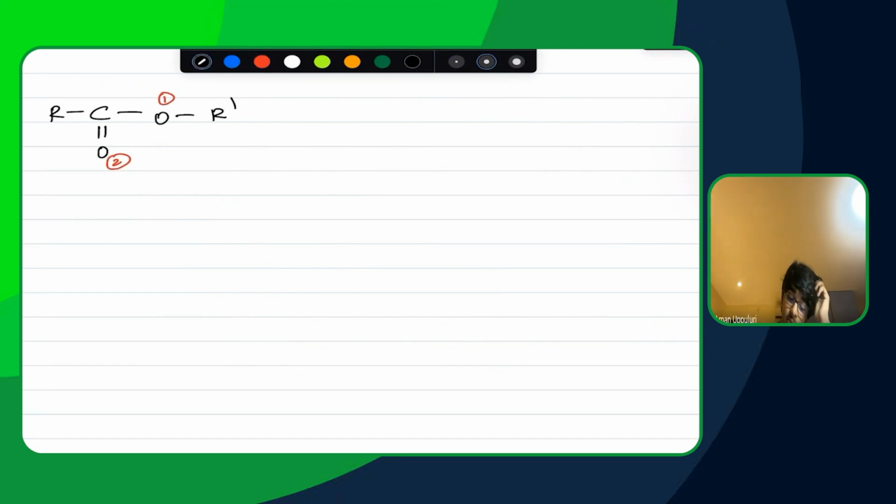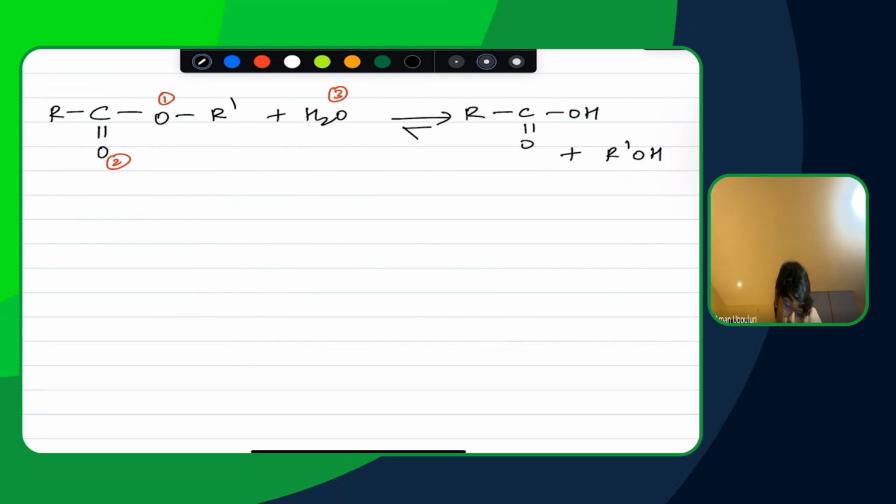Plus H2O will give a carboxylic acid and an alcohol, right? Here, which oxygen will go where?